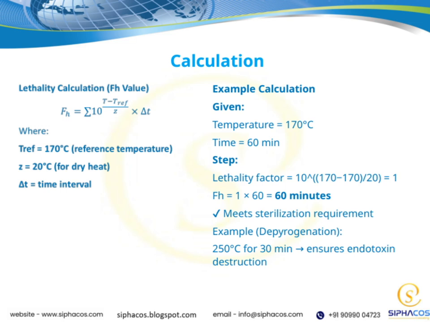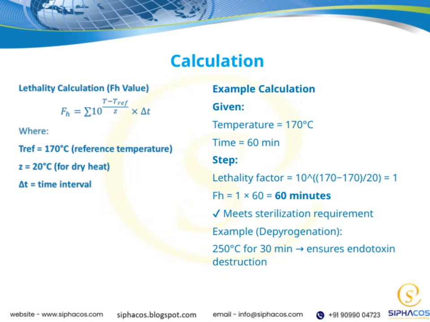In this case, it's 10 raised to (170 minus 170) / 20, which simplifies to 10 to the power of 0, and that equals 1. Next, we determine the FH, or the sterilization value, by multiplying the lethality factor by the time. So, 1 times 60 minutes gives us a total of 60 minutes. This means the process meets the sterilization requirement.